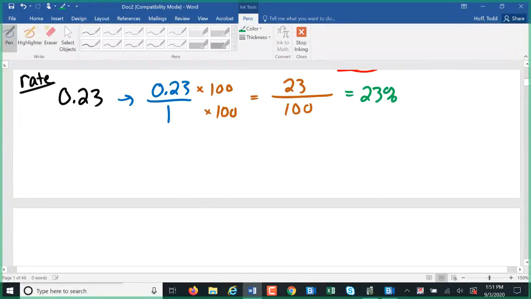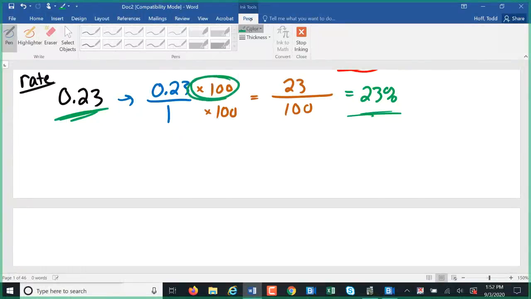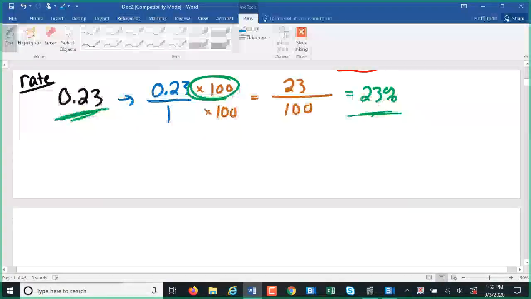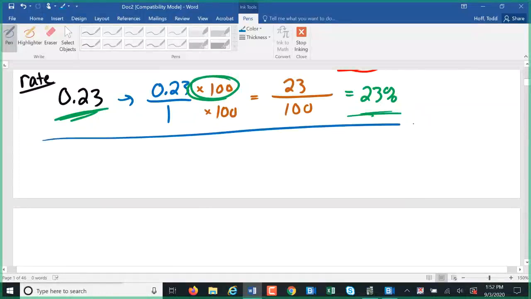Well, when we go from that decimal or rate into a percent, we're always going to be just multiplying by 100. So every time we multiply by 100, the decimal point moves 2 spots, just the opposite of dividing by 100. So 0.23, we can just move it over to become 23.